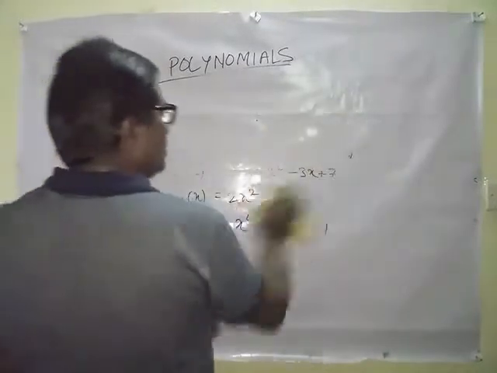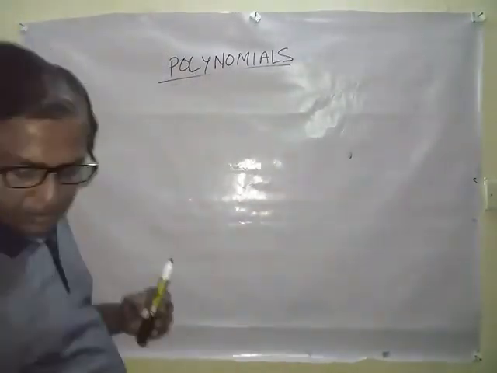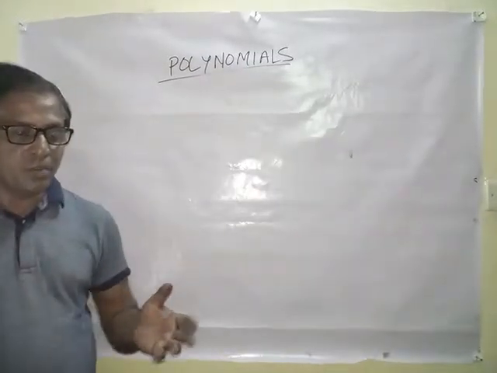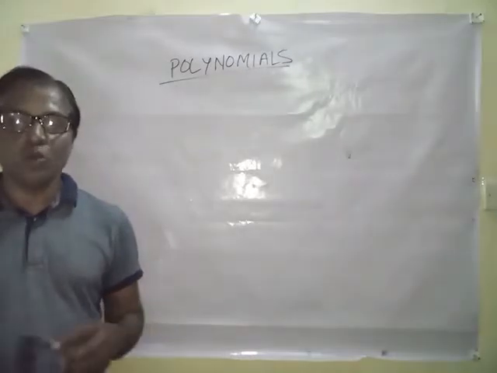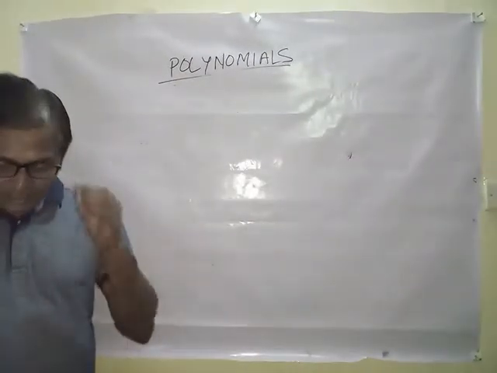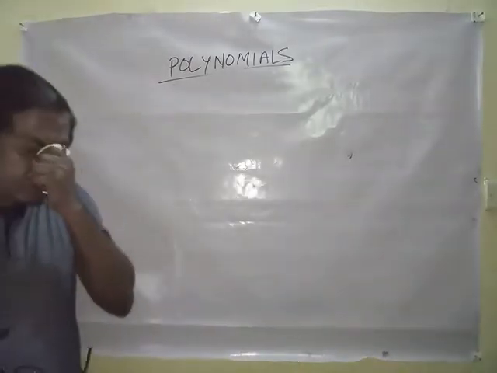So far, let me repeat it again. How much did we do? We have seen the polynomial equation with one variable or two variables. We have seen terms of the polynomial equation.